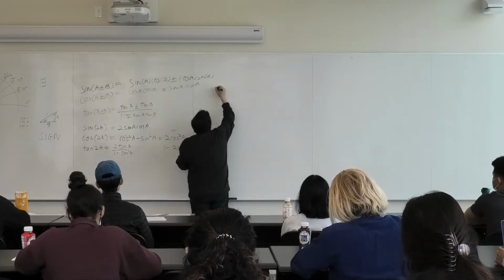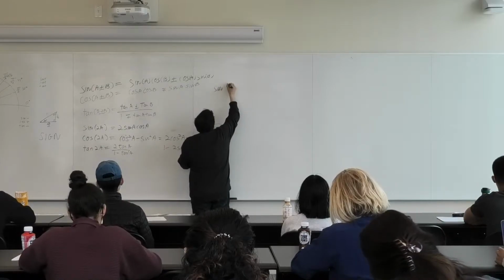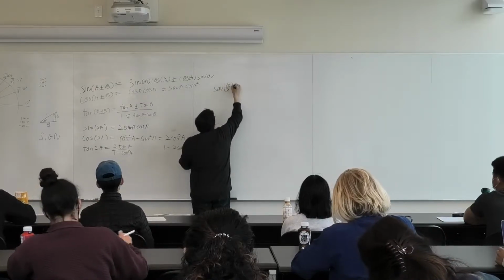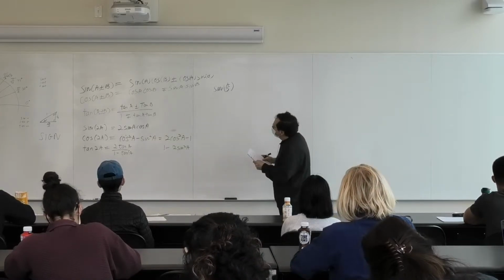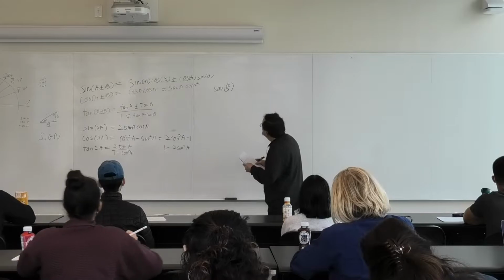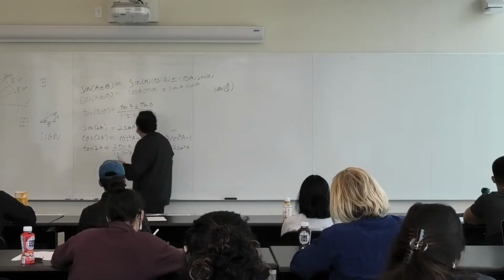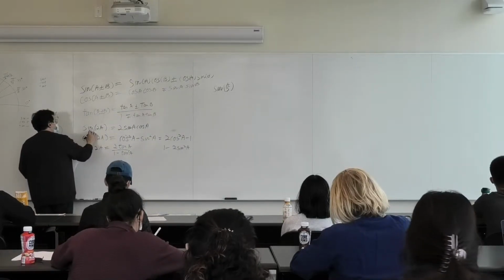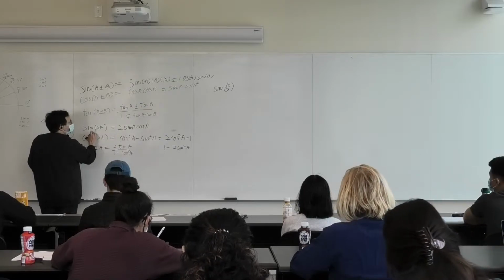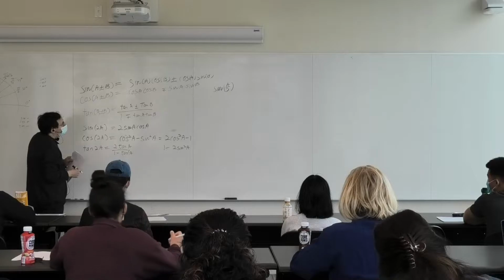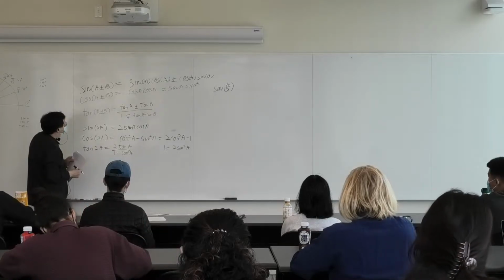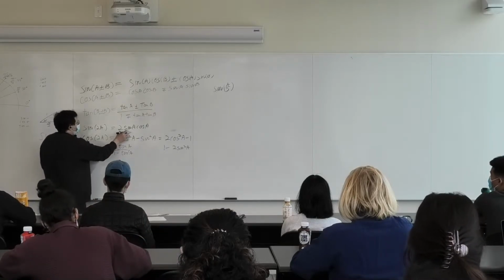So if I had sine of a over 2, well, I have the sine of 2a here. That's equal to this.